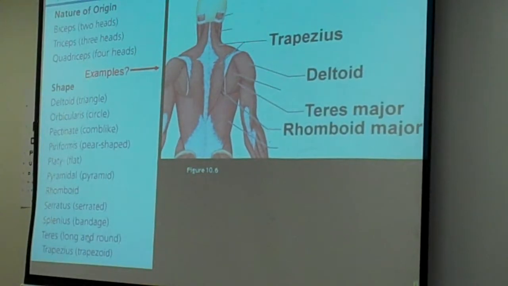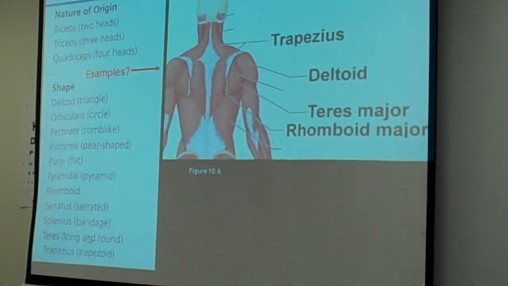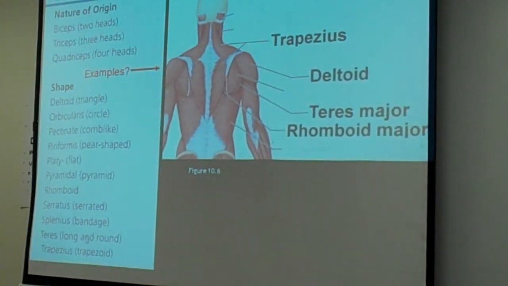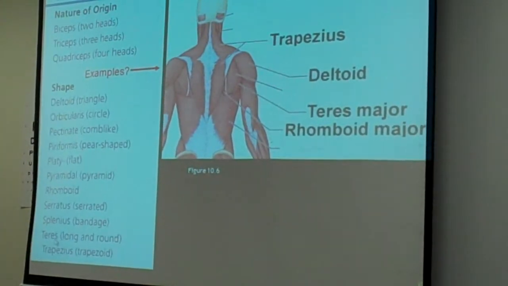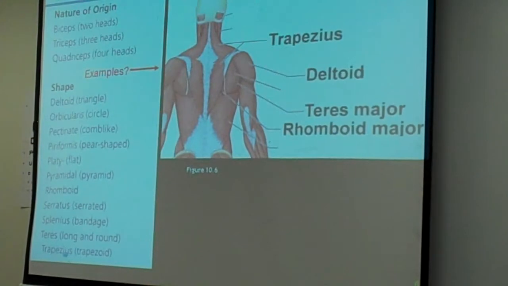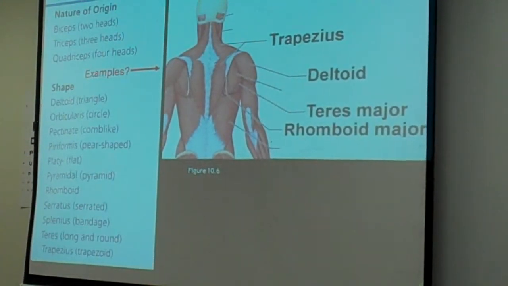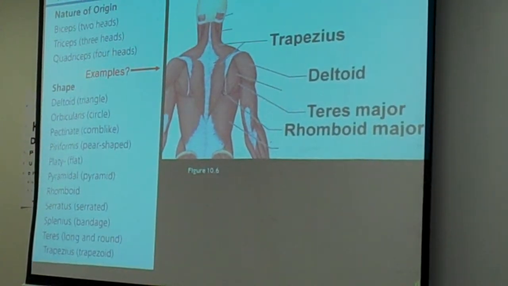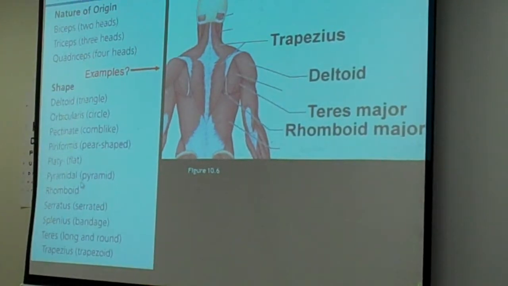Serratus serrated. That's sort of like lacerum, lacerated. Teres is long and round. Trapezius, trapezoid shaped. And rhomboid shaped.